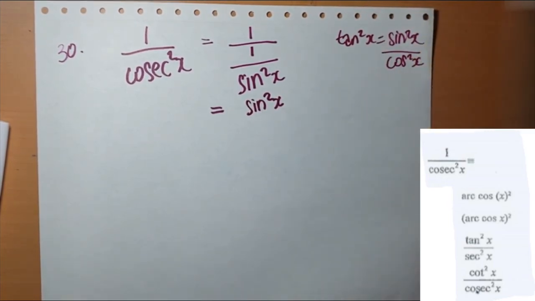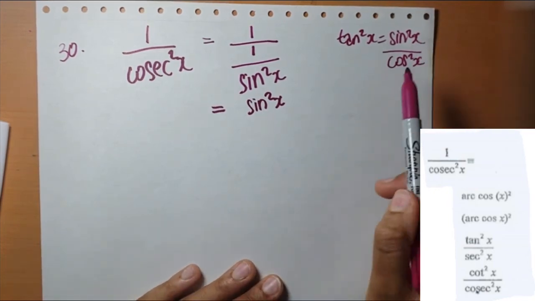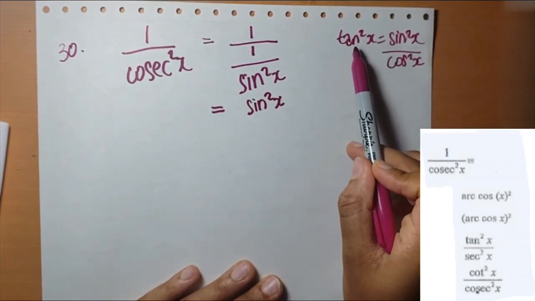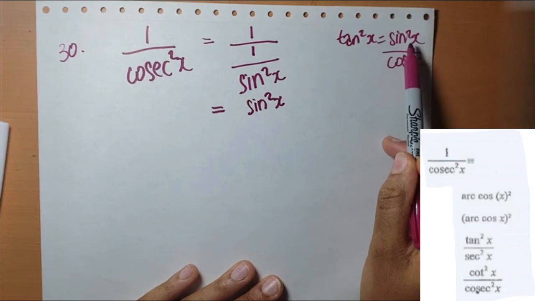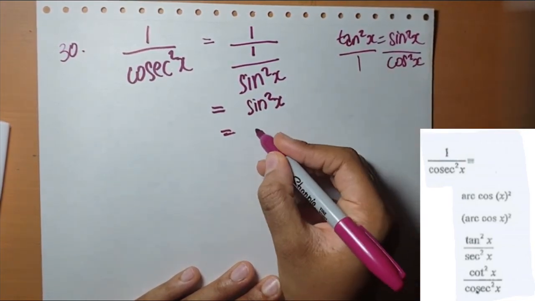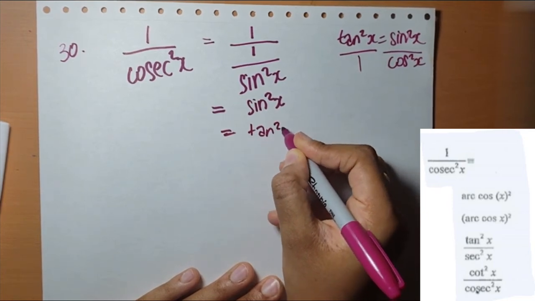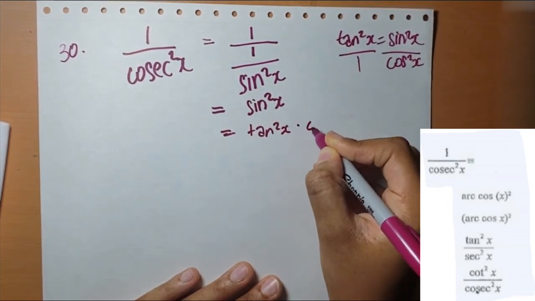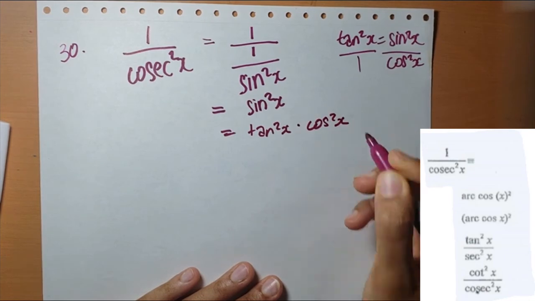This is sine squared x, therefore tan squared x times cos squared x is equal to sine squared x by cross multiplication, because this would be over 1.